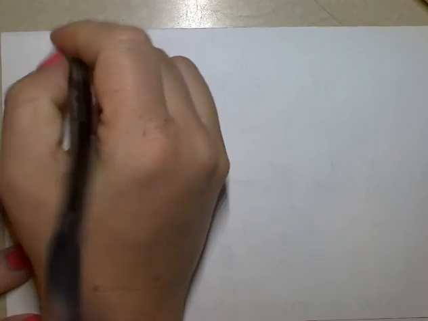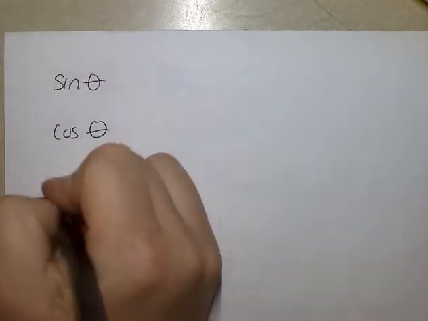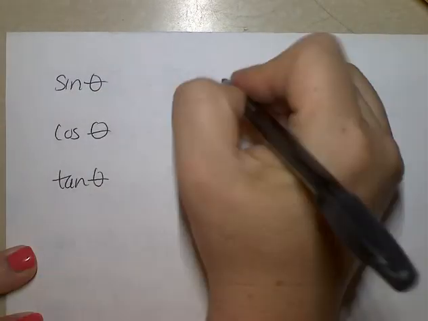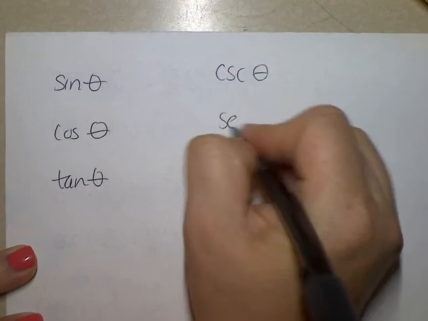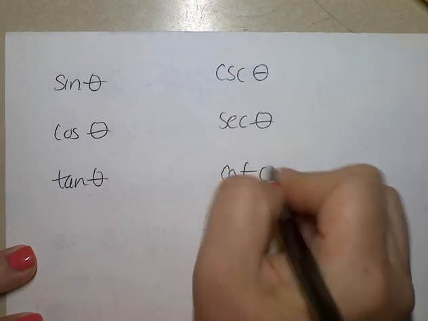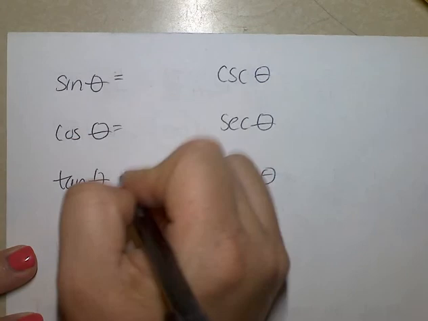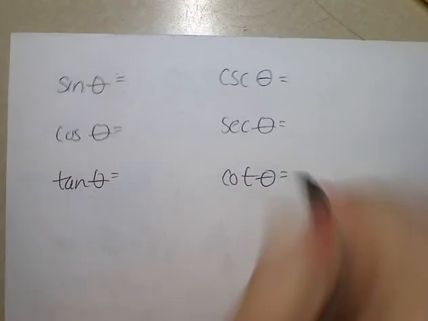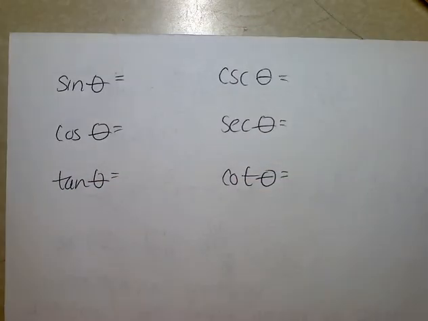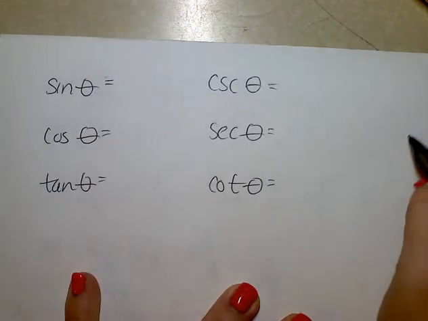Here's your next one. You're going to be given, so please write down your sine, cosine, tangent, cosecant, secant, and cotangent. Okay, and draw a circle off to the side.